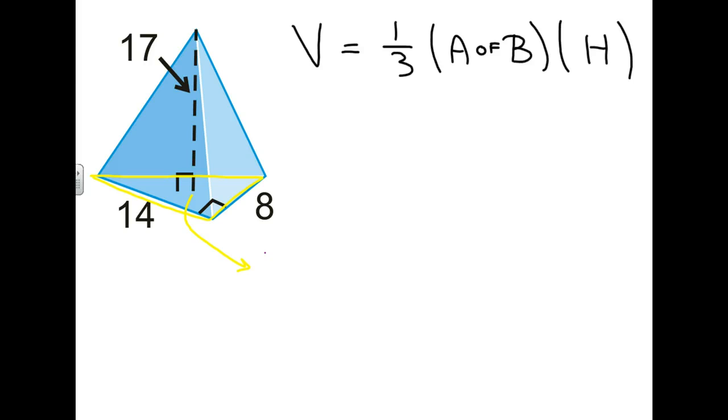And the area formula for a triangle is 1/2 the base times the height. So in this triangle, either one of these could be the base. You could have 8 as your base and 14 as your height. And so the area for this triangle here would be 1/2 of 14 times 8, which is the same as 7 times 8, or 56 square units.